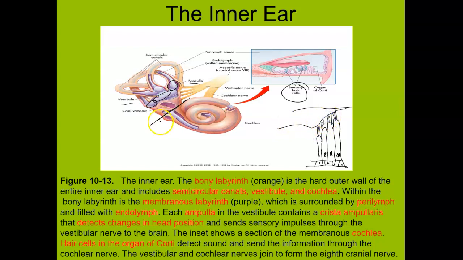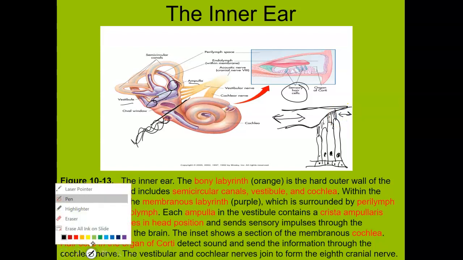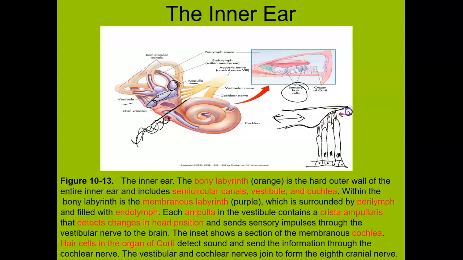As sound is transduced from the tympanic membrane to the incus, malleus and stapes, it gets transduced into the labyrinth here, which means you have vibration back and forth of this tectorial membrane. As that happens, it deflects the actual hairs on the hair cell back and forth as well.